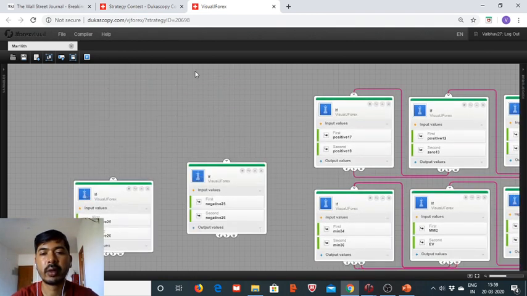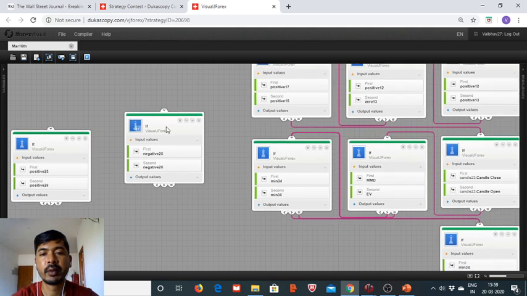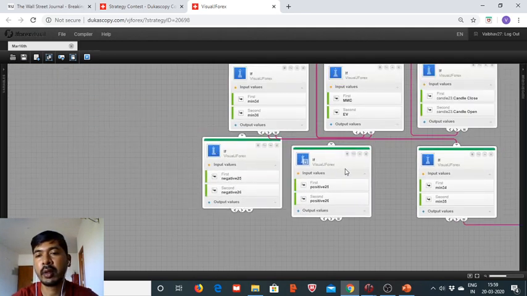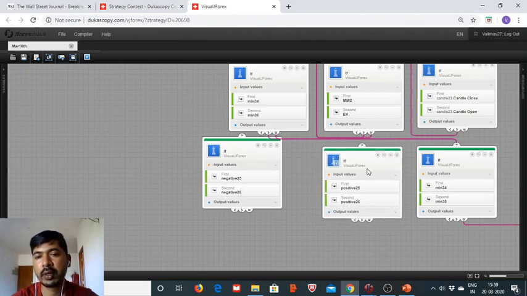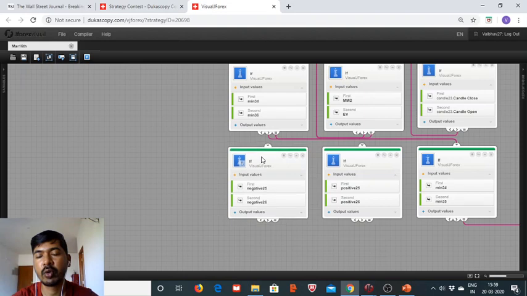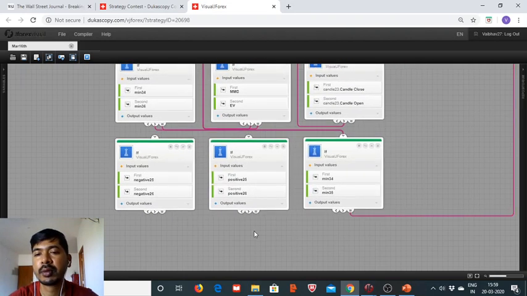So these are our further if blocks, and now we will need to provide two different market at open blocks.